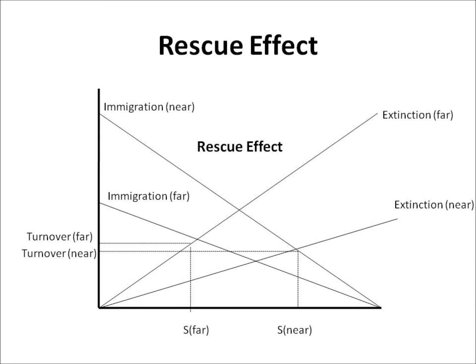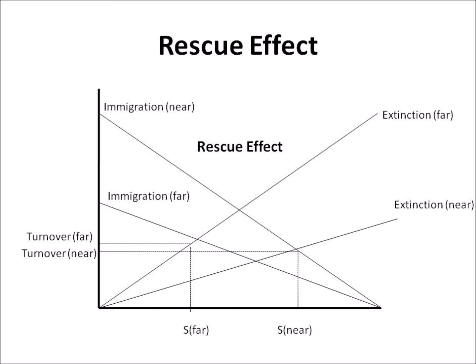So once again, with the rescue effect, far island, you're going to have lower immigration rates and higher extinction rates, resulting in a much lower equilibrium species richness. So again, look here on the x-axis, look at the equilibrium number of species for the far island compared to the near one. So the difference between the two is much more stark than it is in the previous example.